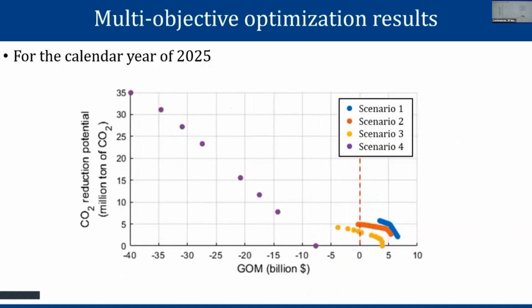We have also solved some multi-objective optimization problems, and here what we can see is that the scenario 1 is quite optimistic. So in this case, even if we maximize the CO2 reduction potential, the CCU industry remains economically positive.